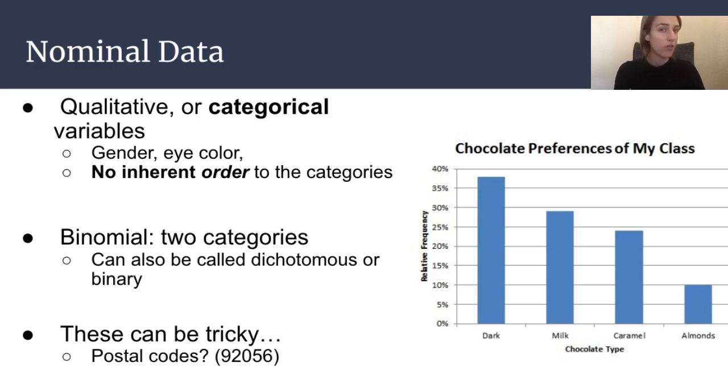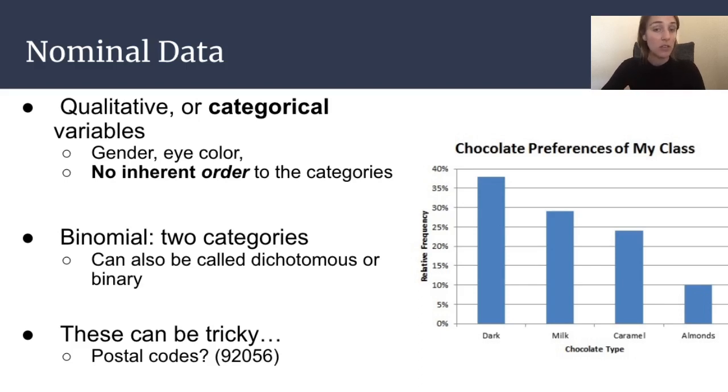But if the number of your postal code is higher than another, that doesn't mean anything numerically, right? They're simply numbers meant as labels for categories. So the key word here is really categories, all right? Nominal data is categorical data, or data that can fall into categories.